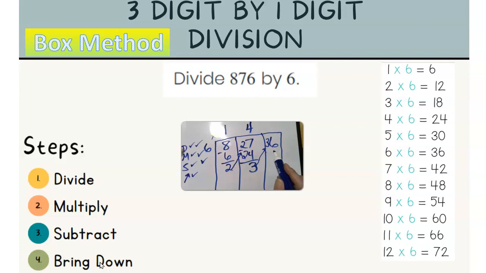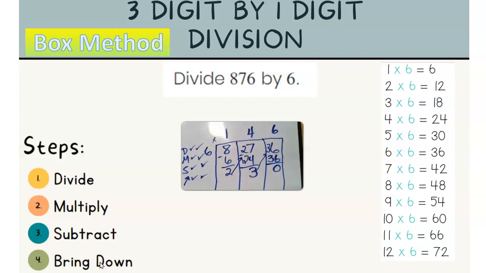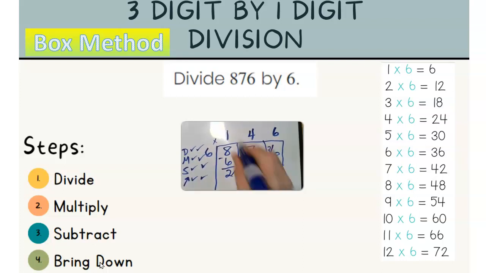So now I have a long division problem, just written in a different way. Okay, 36 divided by 6. 6 times what is 36? 6 times 6, 36. I've multiplied, I'm subtracting. I have no numbers left to bring down and no remainder. So my quotient is 146.